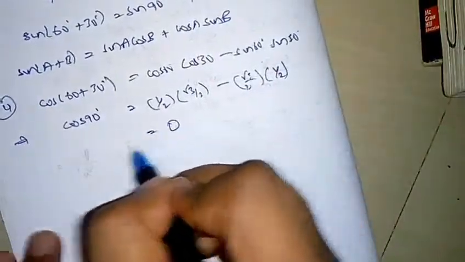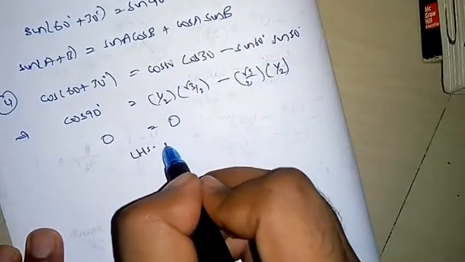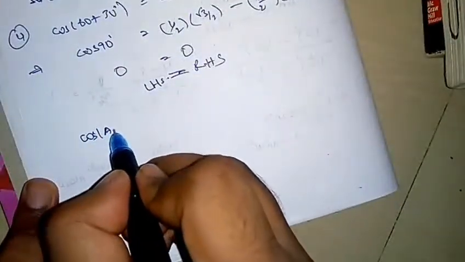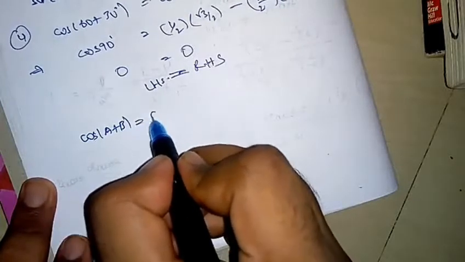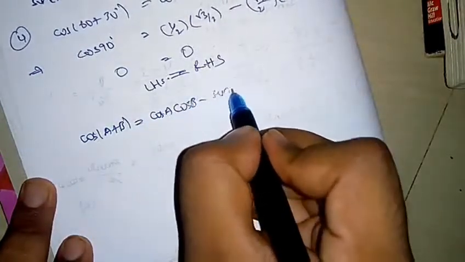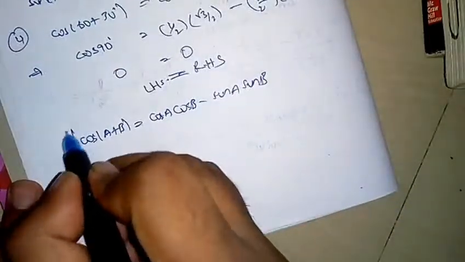This will be equal to 0, and cos 90 is equal to 0. Therefore LHS is equal to RHS. Actually this is a formula: cos A plus B is equal to cos A cos B minus sin A sin B.